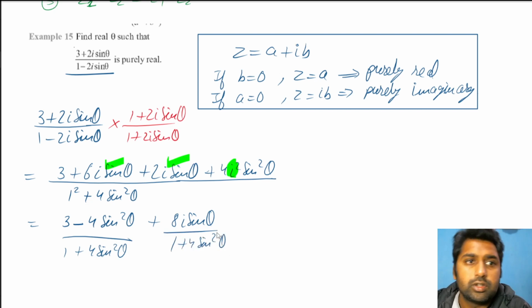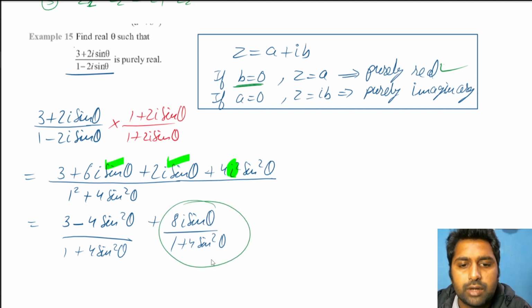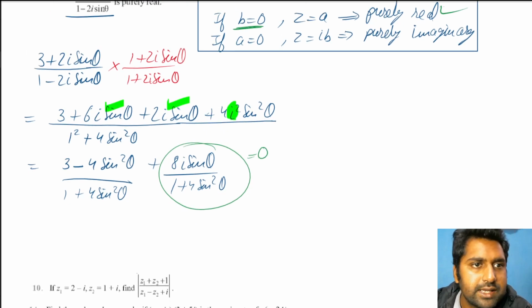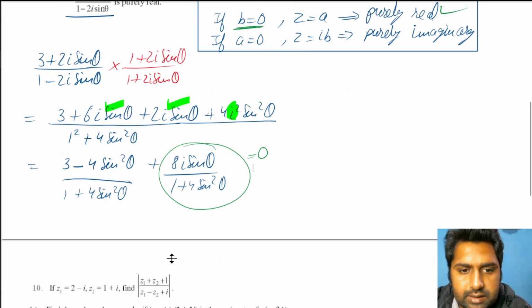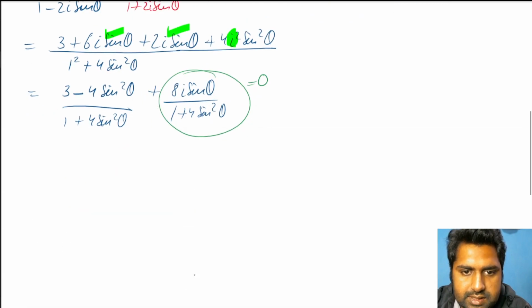Okay, now the question says it has to be purely real. For that b has to be 0. That means this part of iota should be 0. This is the idea. Now let's work on that, because I'm not saying this, the question is saying this, that you need to find theta for which this is purely real.